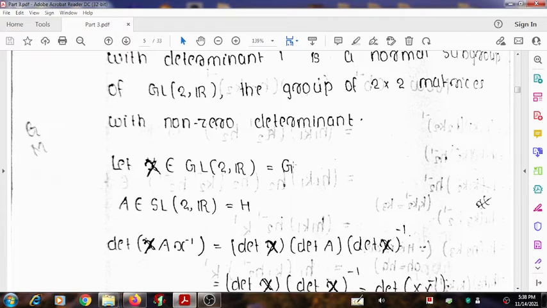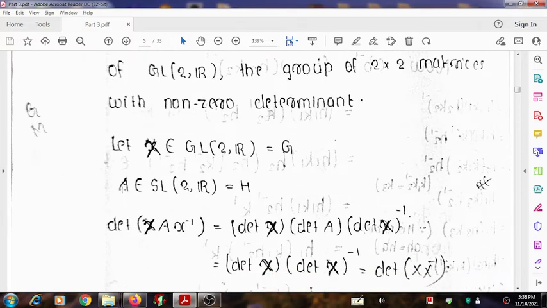Here G is the mother group, and then we take an element A, arbitrarily chosen from H. Let A be an arbitrary element of H, and X must also be an arbitrary element of G, because we have to test it with every element of G.